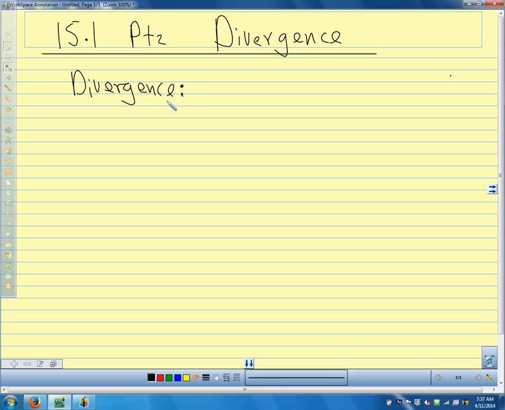So our vector field F, and we'll just do the three-dimensional, the space vector version. If we're in a plane, we just have one less component. So we're going to say our field is Mi plus Nj plus Pk.